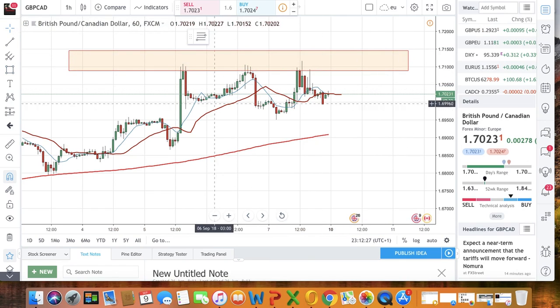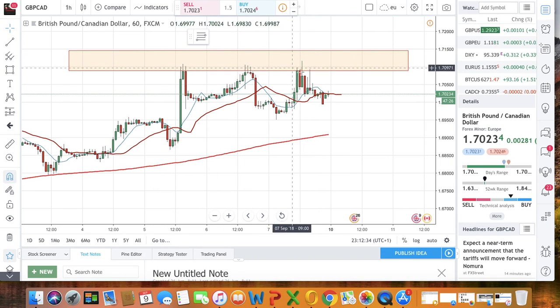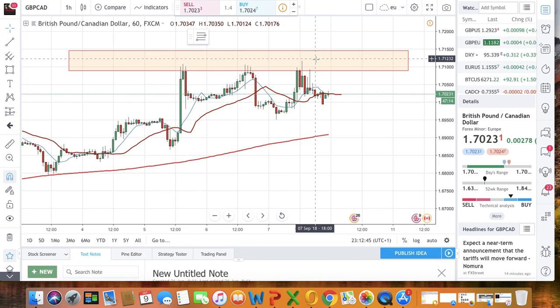So a triple top is simply 3 rejections, rejection, rejection, rejection, and you can see how within this zone of 1.7090 and 1.7120, it's about a 30 pip range right there.